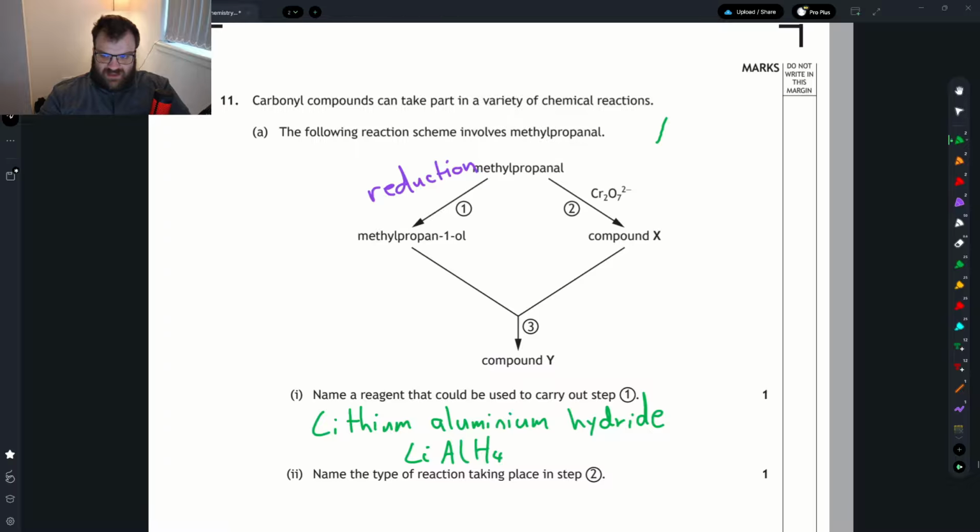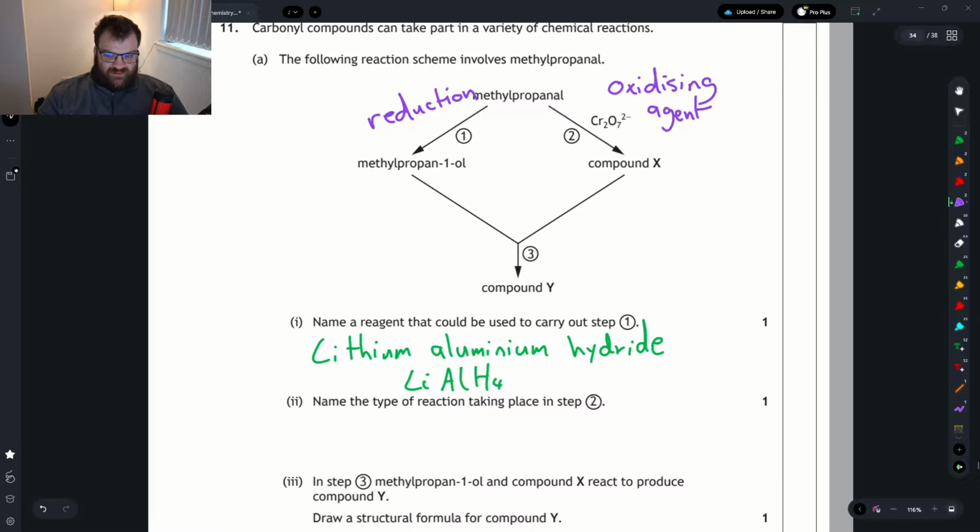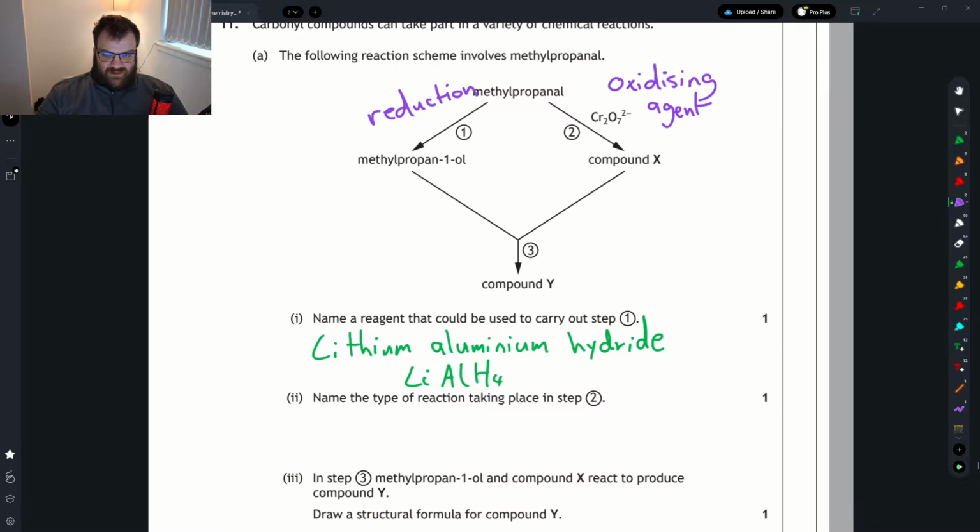Well, dichromate is an oxidizing agent down towards the bottom left of the electrochemical series. If it's an oxidizing agent, it will oxidize the aldehyde. So that's hopefully going to be oxidation.